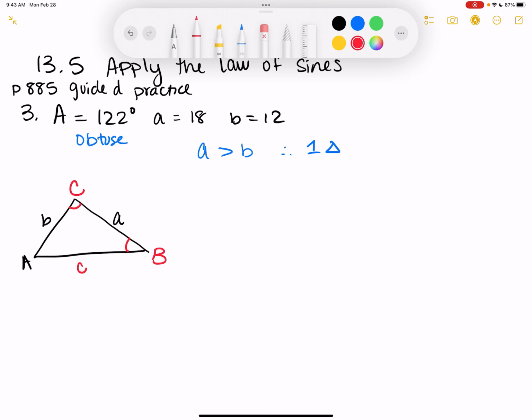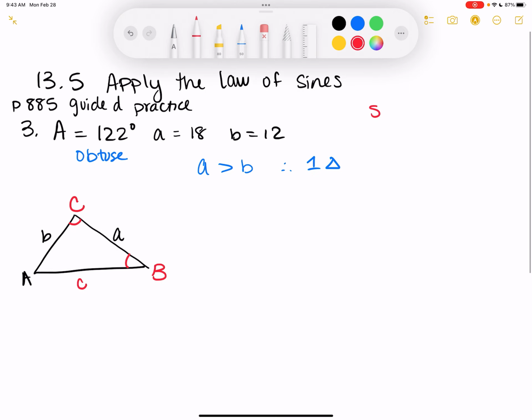All right, so we need to use the SSA, so we're going to use law of sines to do that. We were given a side and an angle. I'm just going to rewrite up here really quick the law of sines.